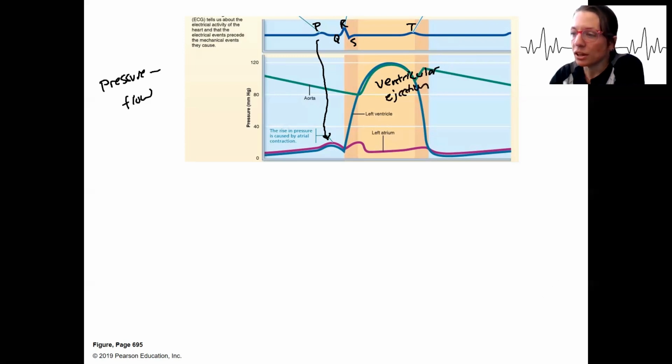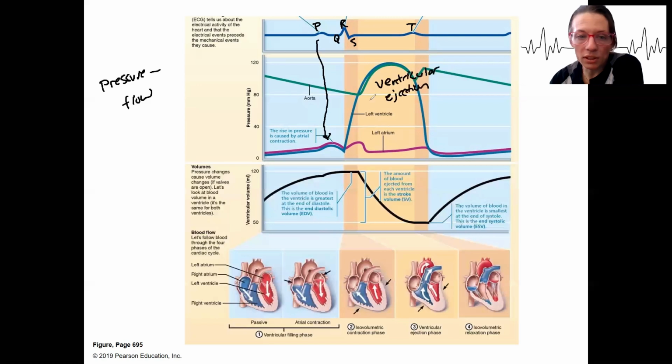Let's look at that. So this image is ventricular volume. Pretty simple and it makes sense. We've got an increase in ventricular volume as we have filling of the ventricles, passive filling, and then atrial systole to top it off. Then we've got a dramatic decrease in ventricular volume as we have that ventricular ejection.